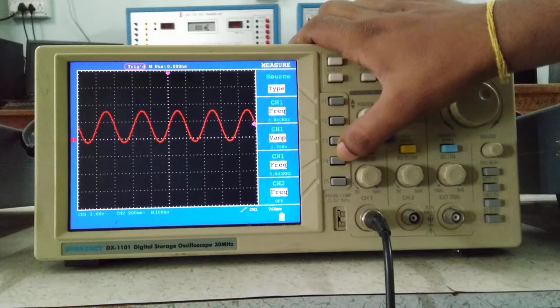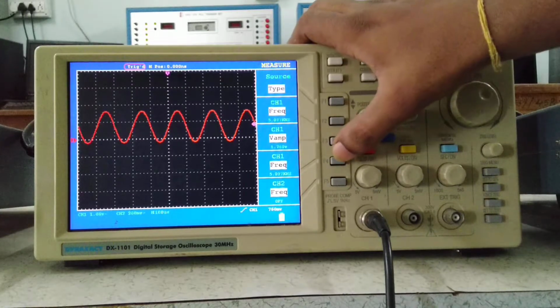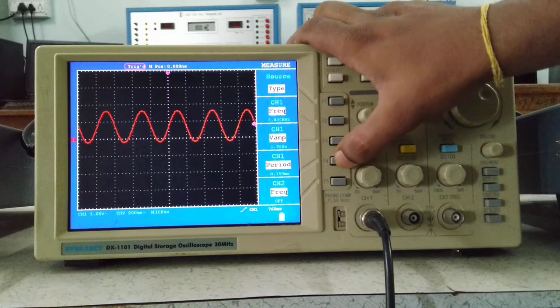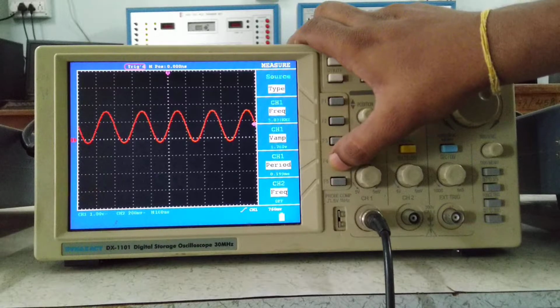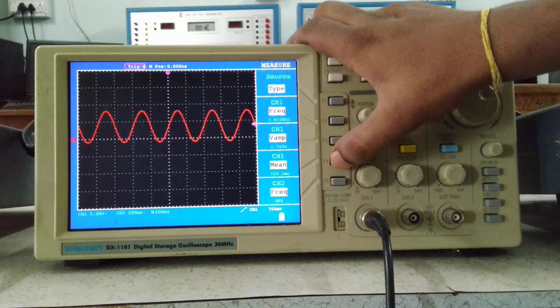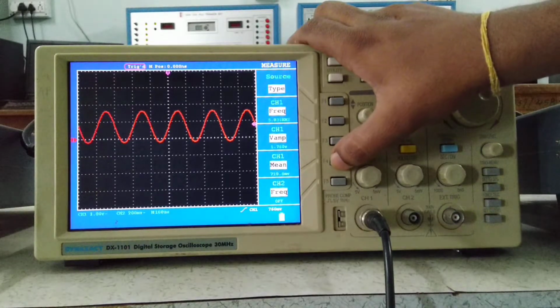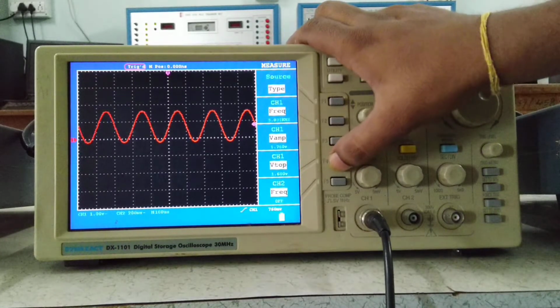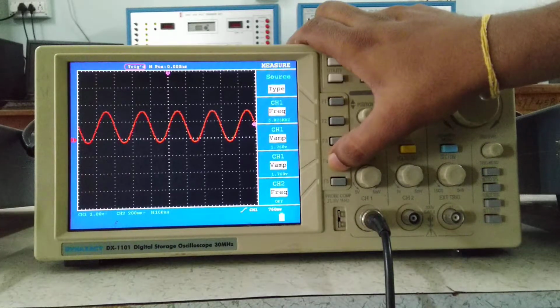To demonstrate how this function works, we'll press this switch. By changing with this F4 button, you can see the next parameters: period, that is the time period of the signal for one cycle, mean of the signal, peak to peak voltage, RMS value, voltage max, voltage minimum, top voltage V top, base voltage V base, and amplitude of the signal.